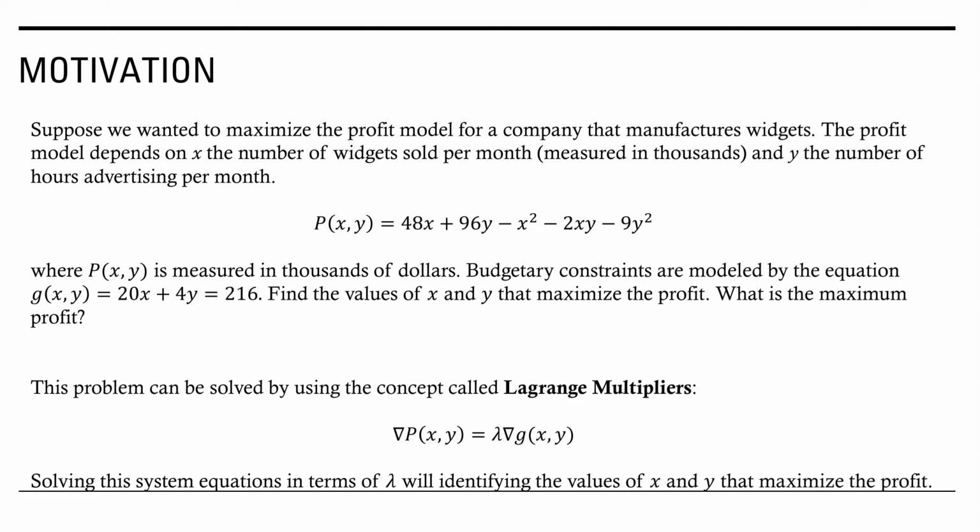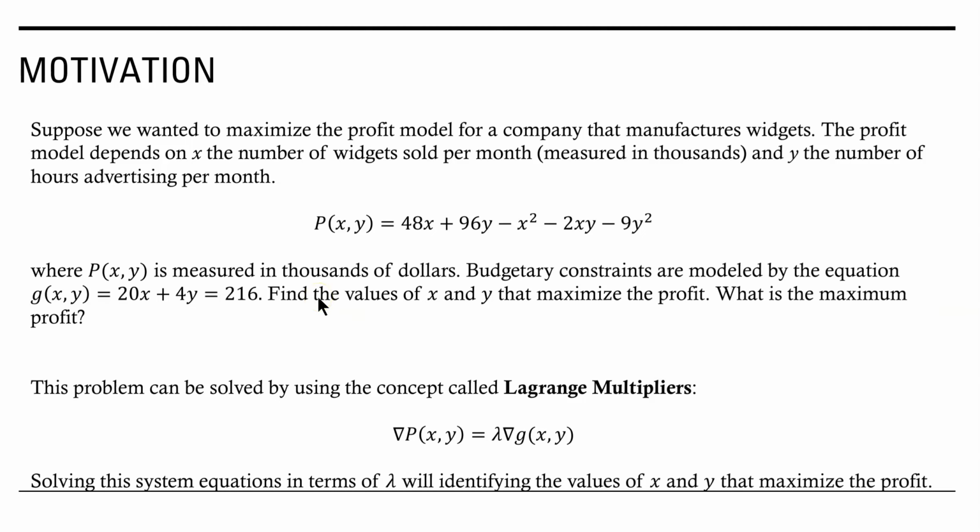In real life, when you're doing manufacturing, there are always constraints on the manufacturing process. So we're just going to capture some budgetary constraints that are modeled by this equation, g of x and y equals 20x plus 4y equals 216.